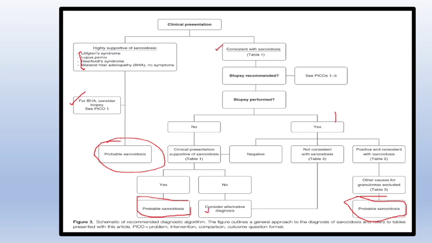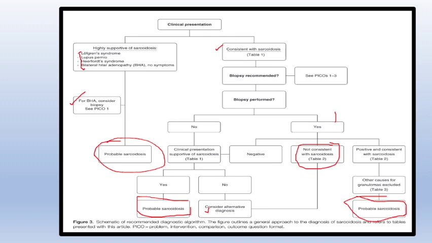Now, in case this biopsy was performed, it was not consistent with sarcoidosis, clinically also it may not favor, then you consider other diagnosis. But if you feel that it is still a probability, you still support sarcoidosis, you may go down the path of trying to prove it with other tests.